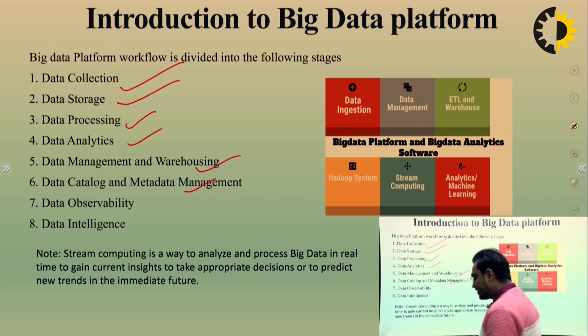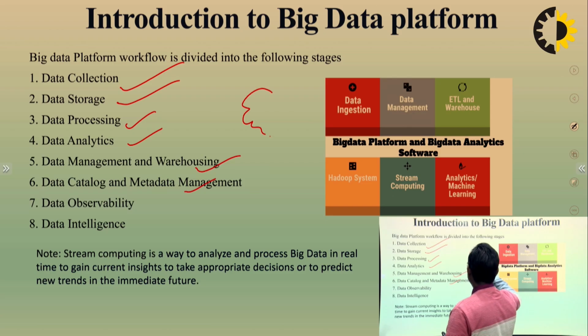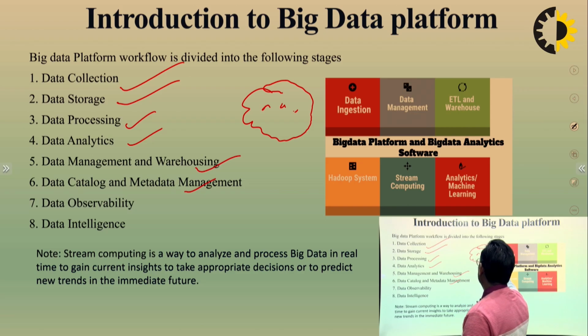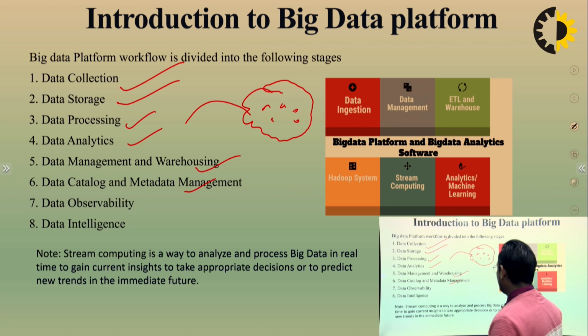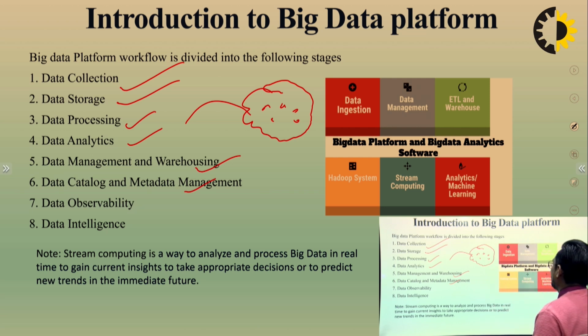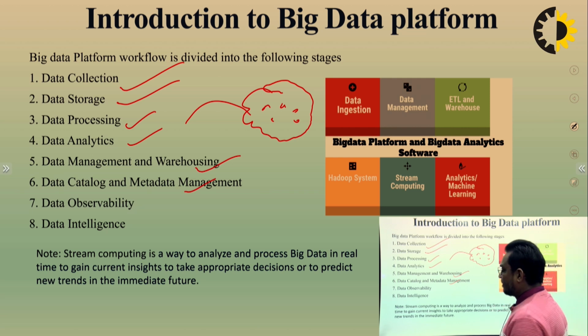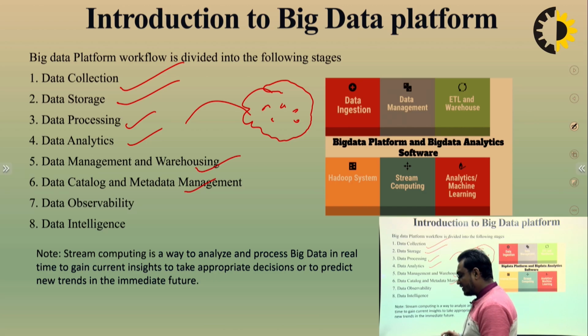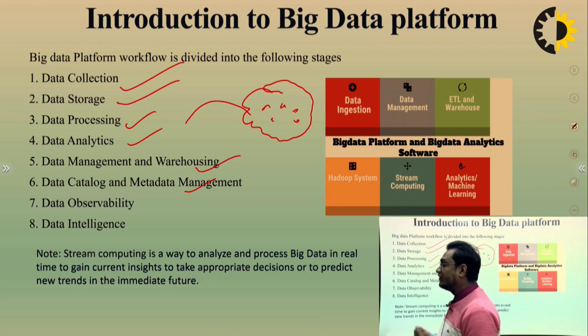Data collection is very important because a number of sources generate a very big amount of data, and the sources are social media sites, email, and different types of internet activities where a lot of data is generated.